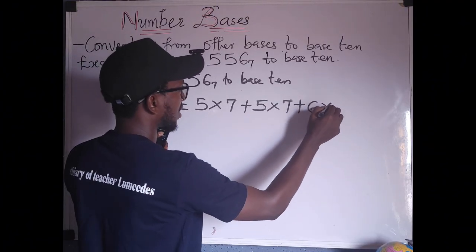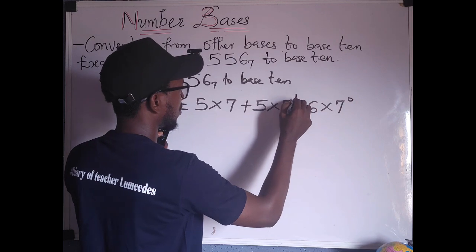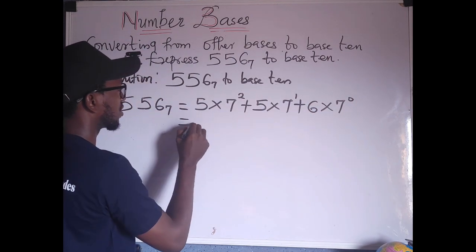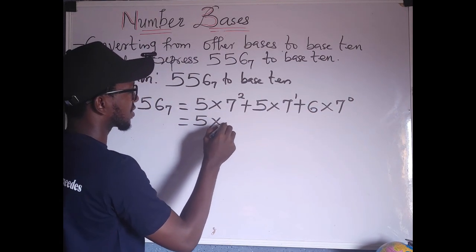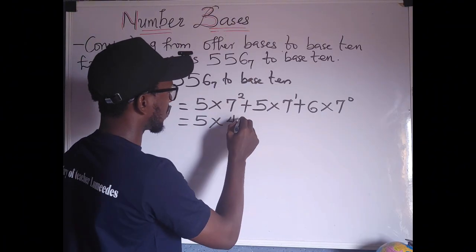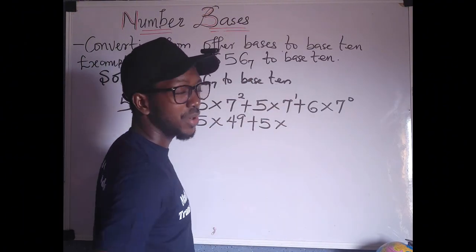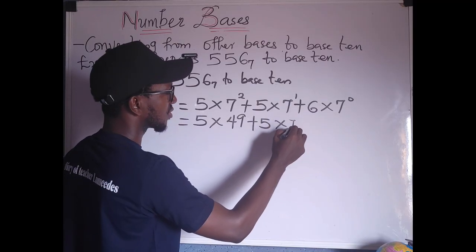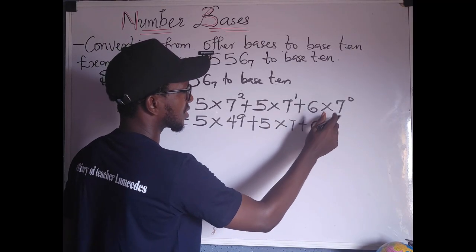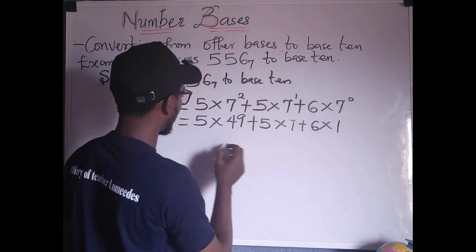Then we have 6 times 7, with powers 0, 1, 2. So here we have 5 times 7 raised to the power of 2, which is 49. 5 times 7 raised to the power of 1 is 7. Plus 6 times 7 raised to the power of 0 is 1.